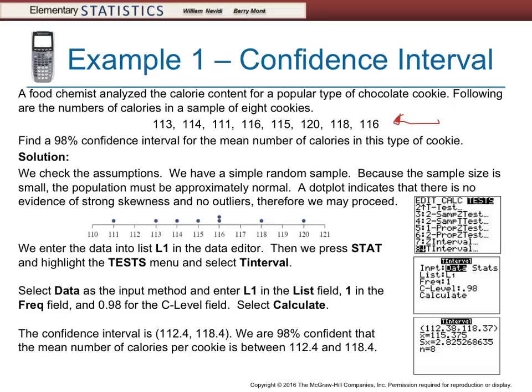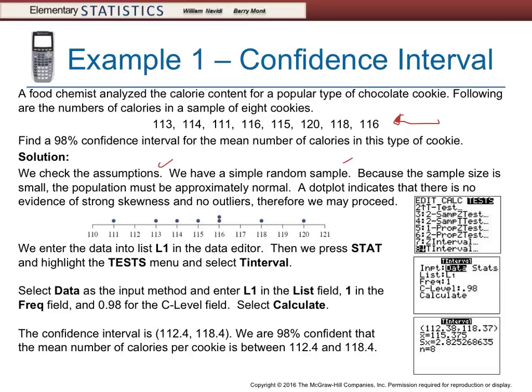So typically, if we're using the calculator, we have to check the assumptions of normality. Since our calculator doesn't do a dot plot, we will probably use the box plot process on our calculator, which is the second y equal key. So we would do that and see that there are no outliers.